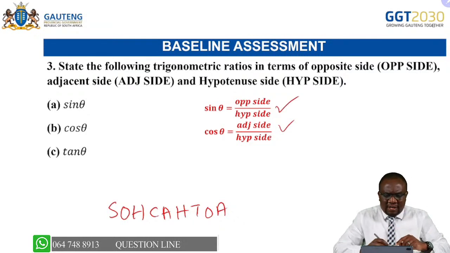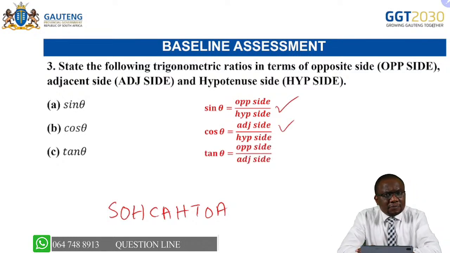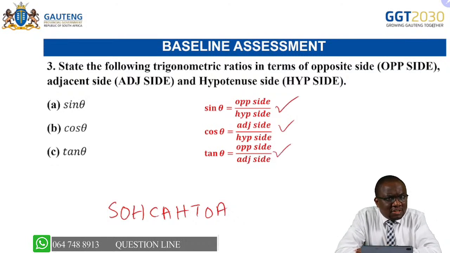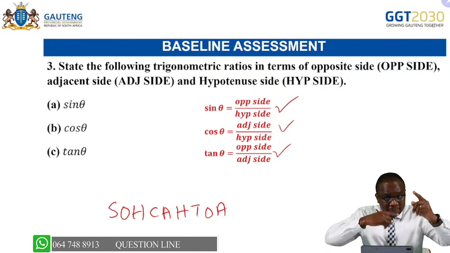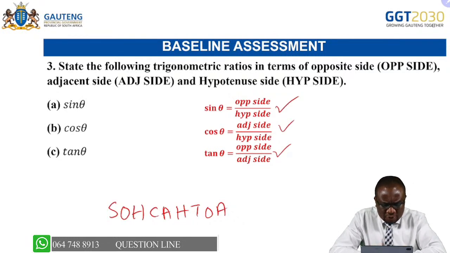Yes, I know you have the answer already. Tan theta is opposite side over adjacent side. What do you think the reciprocal is going to be? We're going to discuss that today. We are going to learn that today. Right now, let's move on.